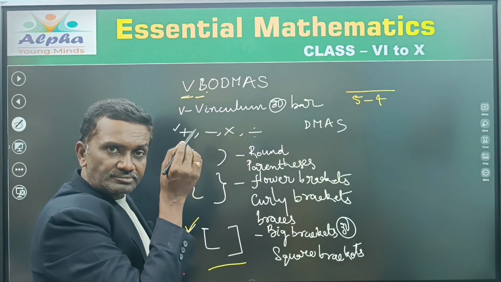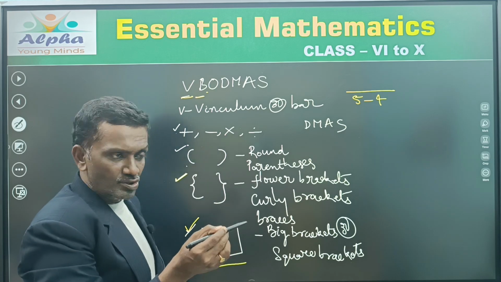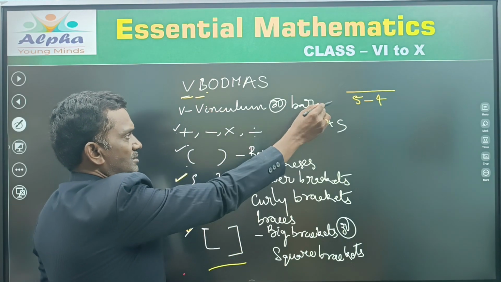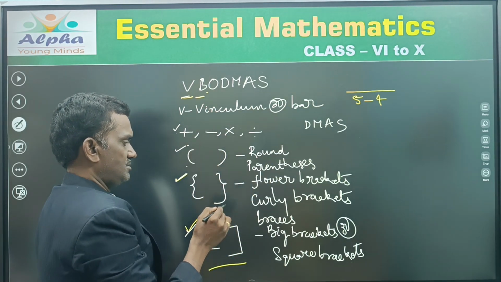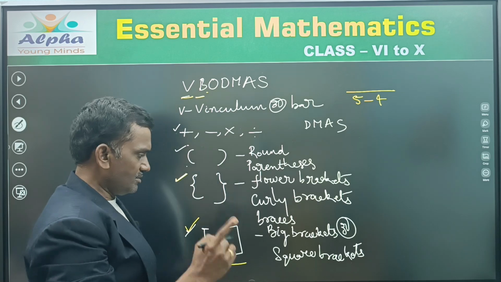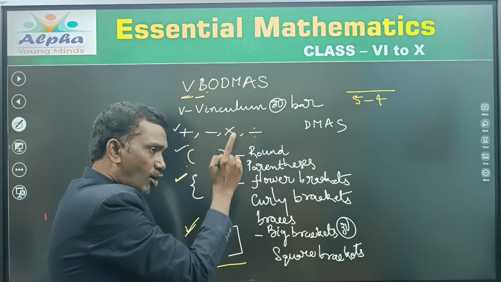In numerical expressions, while solving, first you have to solve this type of bars, treating that as one term, and then brackets in order.